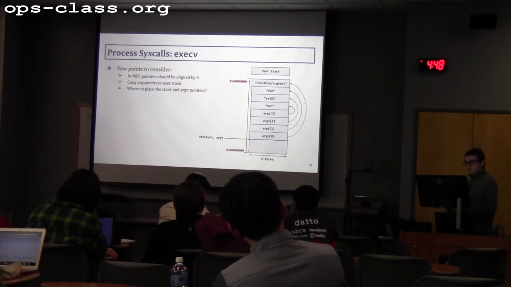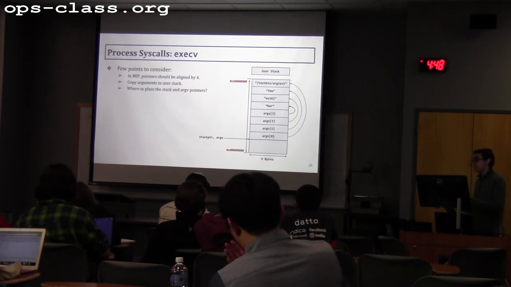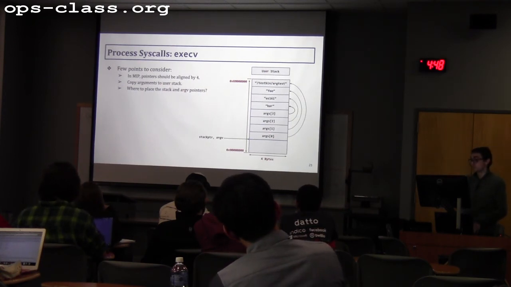One of the things you need to do is figure out how much space you need to allocate on the user space. So how should I do this? For example, I know that I have an array of pointers, 4 indices, each index is 4 bytes, and each one is pointing to these arguments.